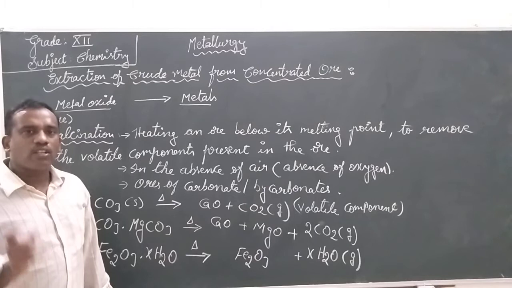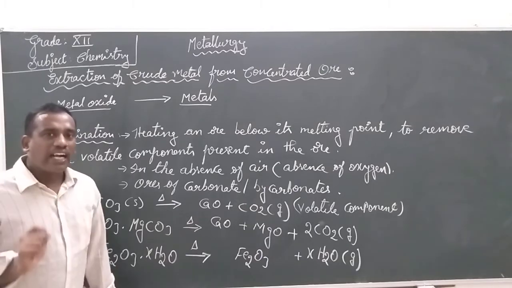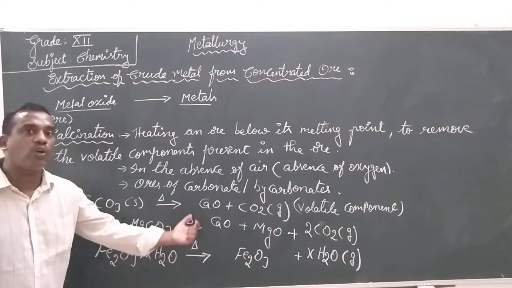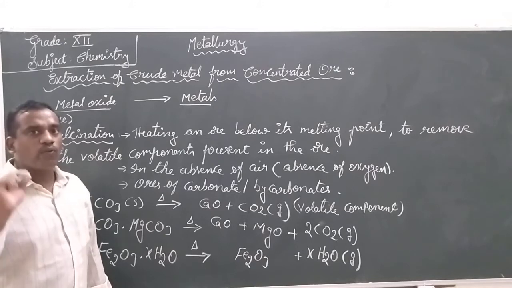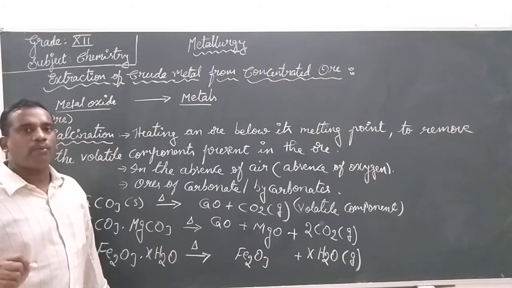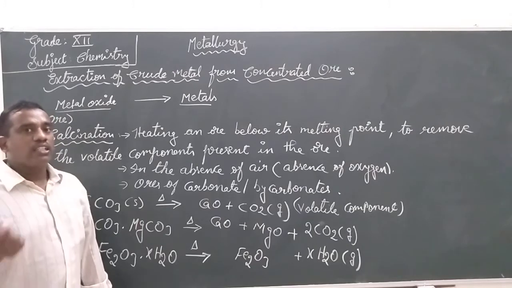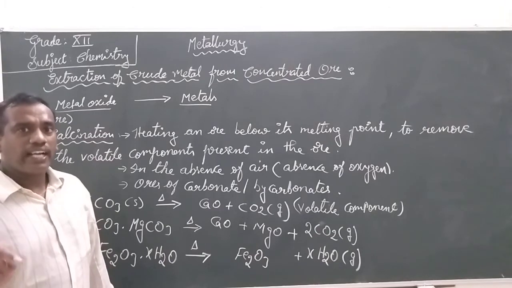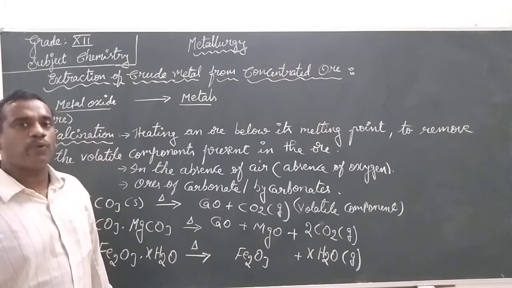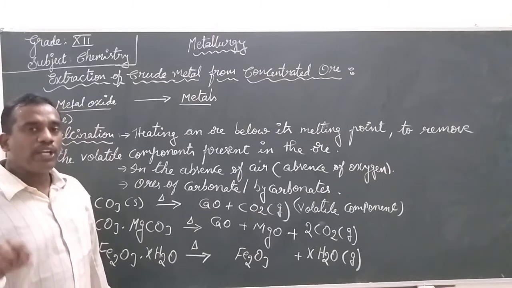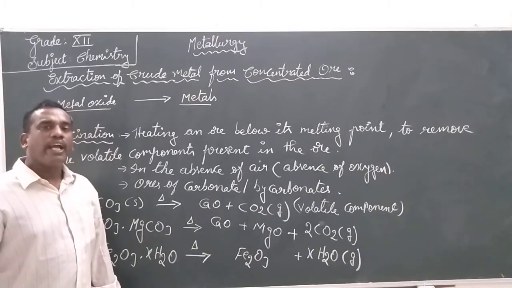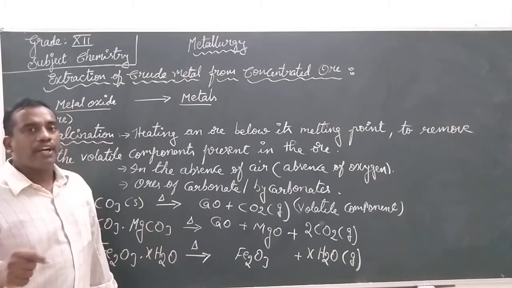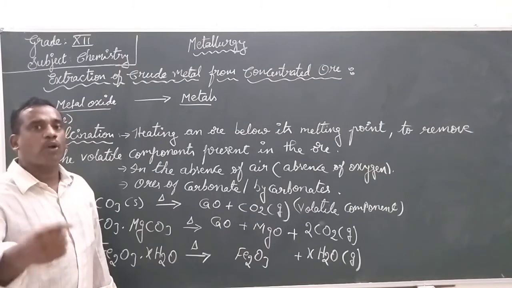But the problem is that only a few ores occur in the form of carbonates, which can be directly converted into oxides. Most of the ores occur in the form of sulfides. Such sulfide ores cannot be converted directly into a metal. Then we need to convert that sulfide ore into its oxide form. Now we are going to see what the process is called.